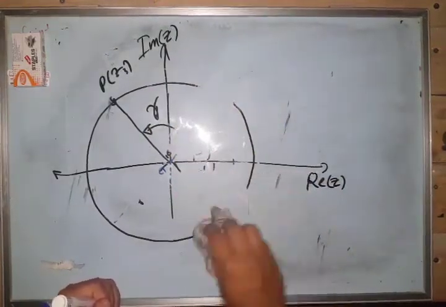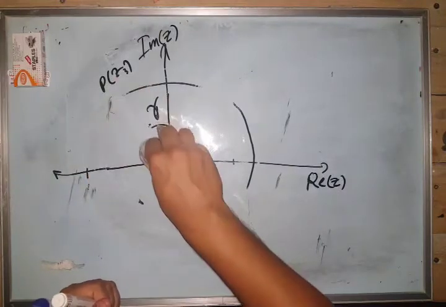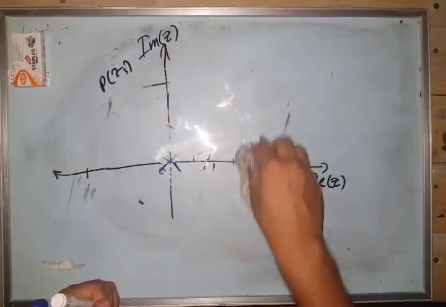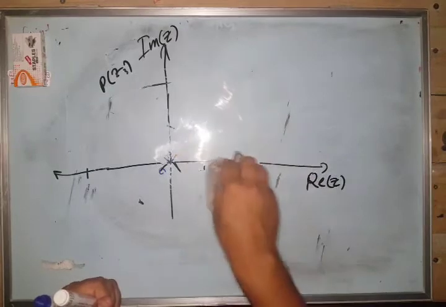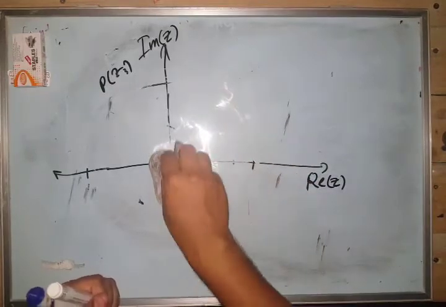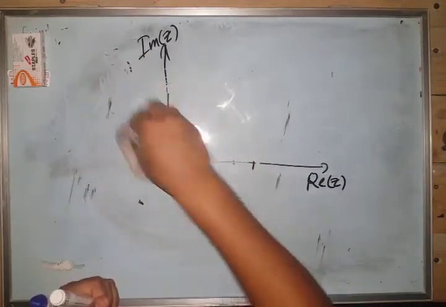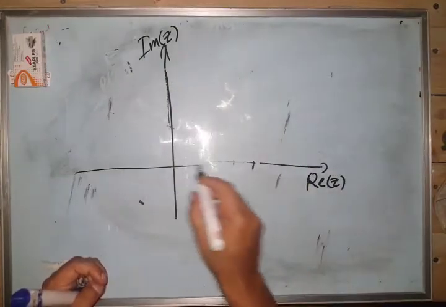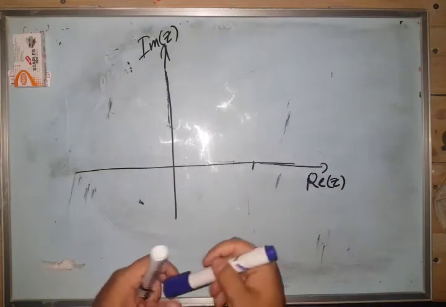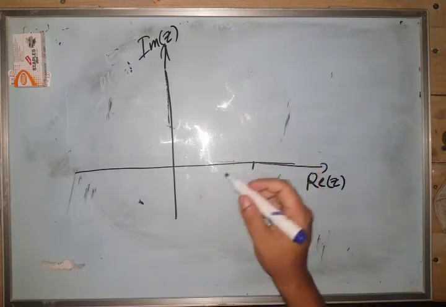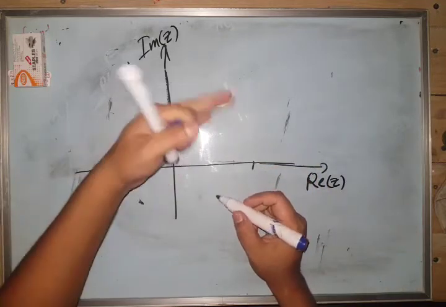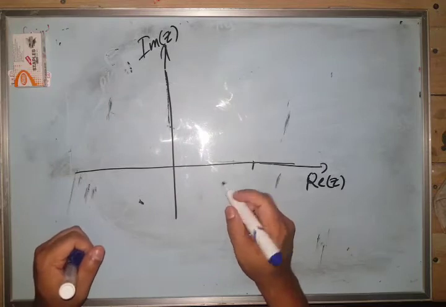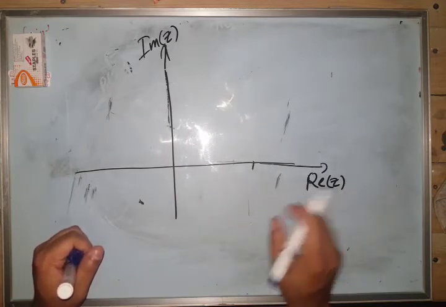So if you are asked to find the locus of the point such that the argument is a constant, what is the argument? The argument is the angle the complex number makes with the positive x-axis, over the real axis.